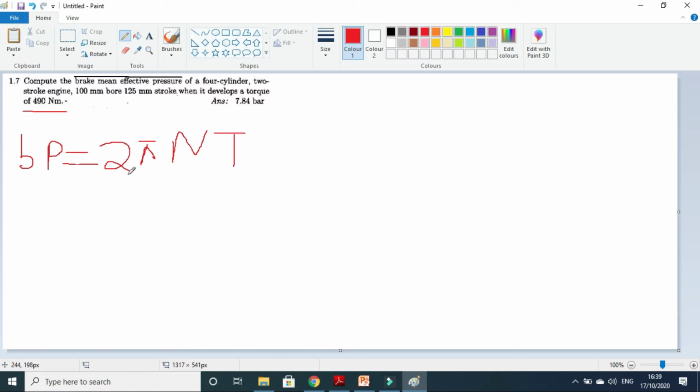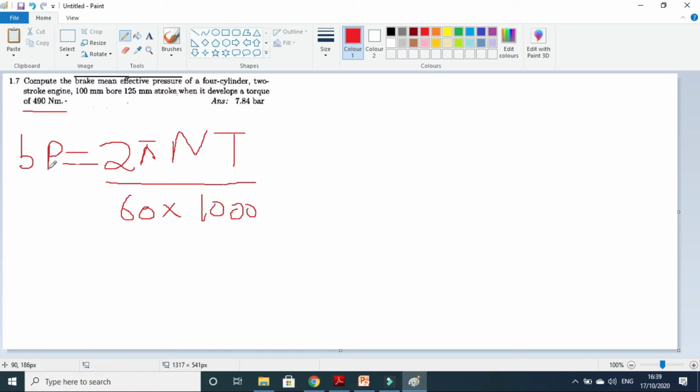So brake power is equal to 2 pi N T, when torque is given and RPM is given, you can use this formula. And if you are using N in RPM, you need to divide by 60, and if you need the brake power in kilowatt, then you need to divide it by 1000. If you don't divide by 1000, you will get brake power in watt.